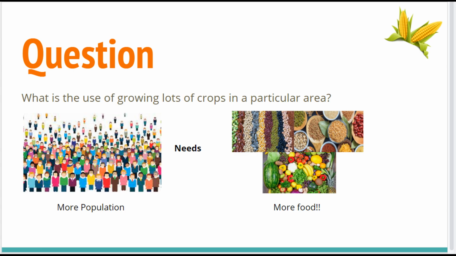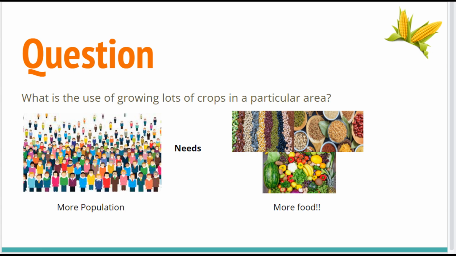So students, it is very much important for us to grow crops and get the production from it. For example, the fruits, the vegetables, the cereals, the pulses and many more.